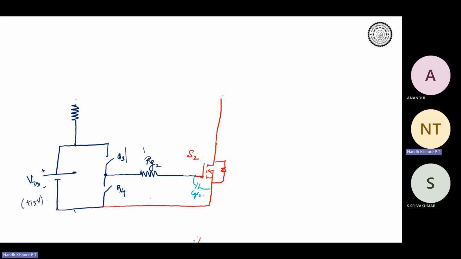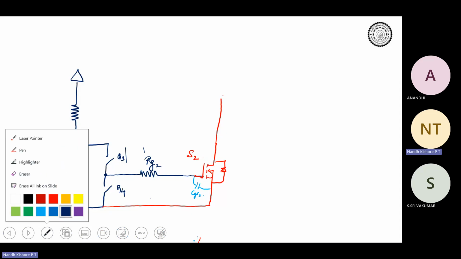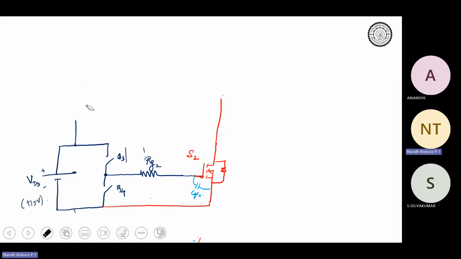I will have a resistance over here. Let me not draw this, we will arrive at it. Fine, I will have something like this. And then I will charge up a capacitor. I will name this C boot, bootstrap capacitance.